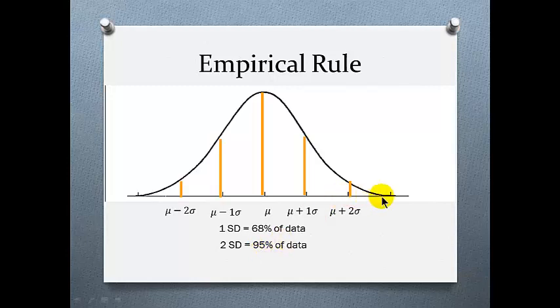In fact, you can go out further all the way to 3 standard deviations on each side. And basically, when you go out 3 standard deviations, you pretty much have everyone. Well, okay, not everyone, 99.7% of the data. So 3 out of every 1,000 responses will be outside of 3 standard deviations. That's pretty extreme.